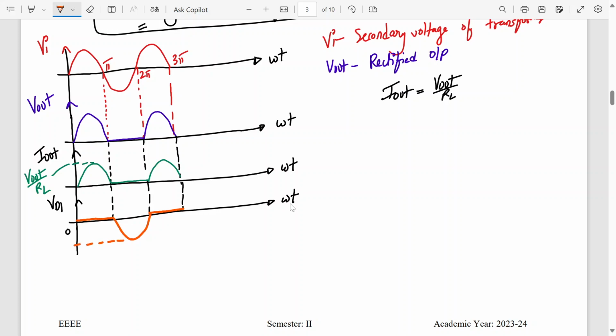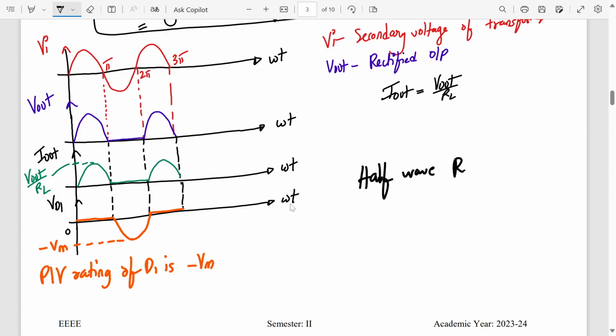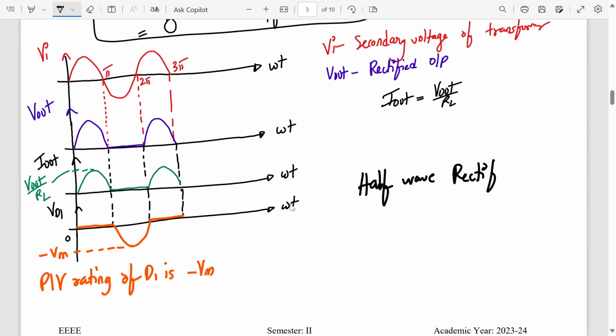So this value is minus Vm. This is my voltage across the diode. And the PIV rating of D1 is Vm. Okay, so please write it down: half wave rectified input and output waveforms.